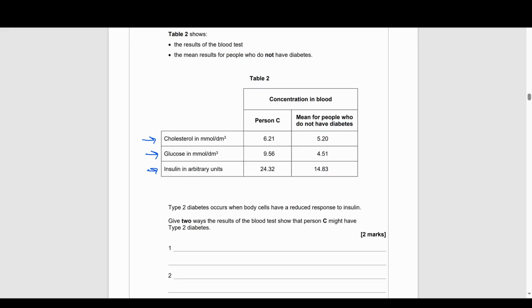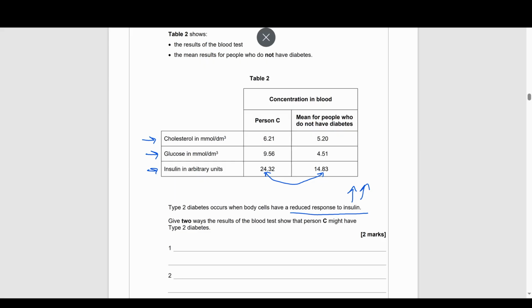Well, if the body cells have a reduced response to insulin, that should mean that the insulin concentration will be very, very high. So, looking at our table now, person C has a very, very high concentration of insulin in their blood compared to the mean of those that don't have it.